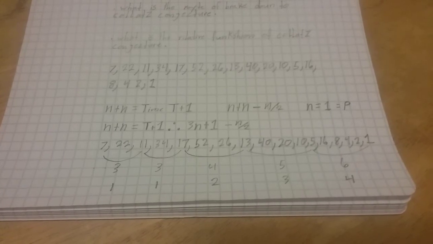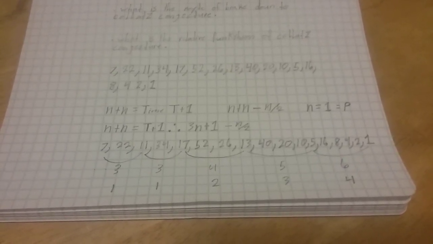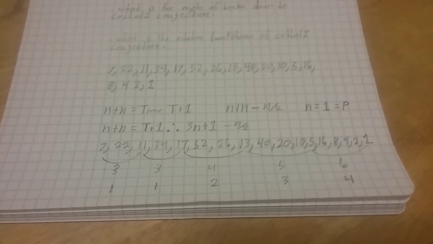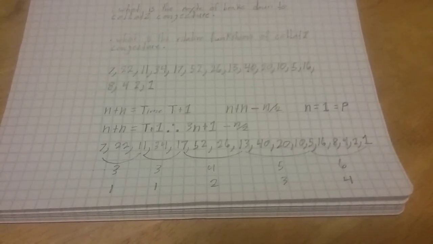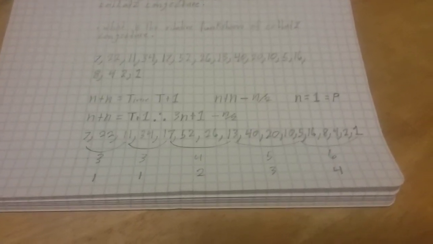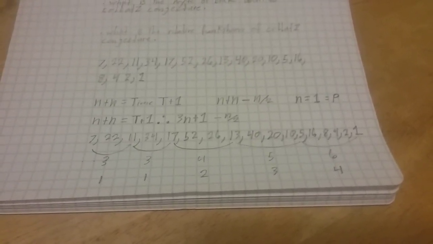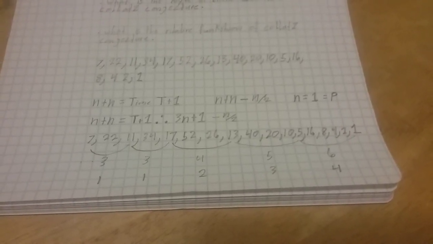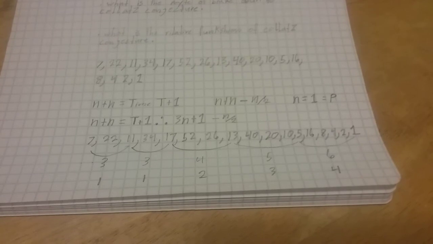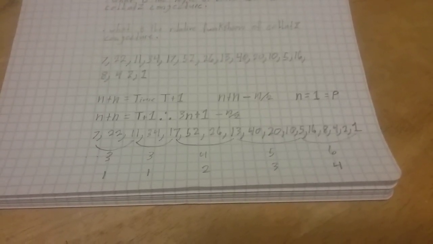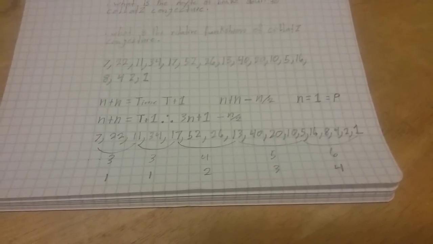Okay, now n plus n is equal to time t1. Therefore, 3n plus 1 subtract n divided into 2. And what I'm referring to is that if we take one number and add it to another number, it is equal to the time t1, meaning that the rate of time is equal to 1 if two numbers are added.